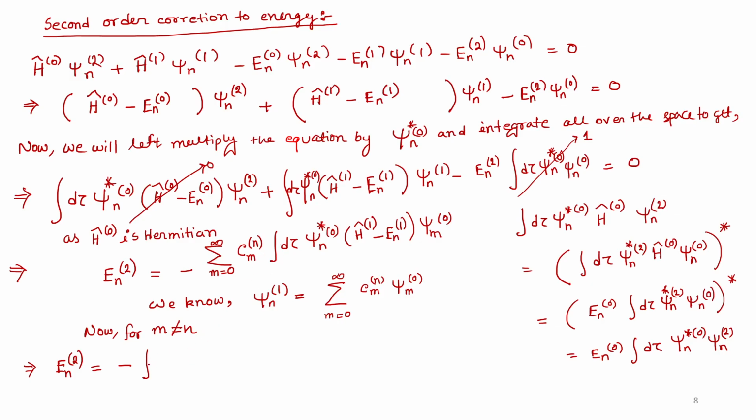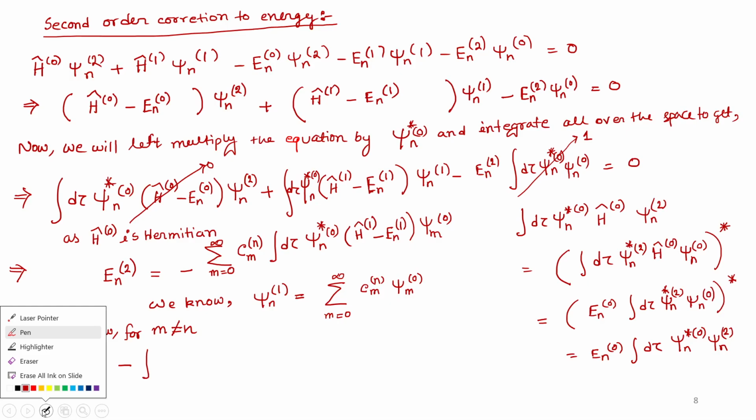So we do have c_mn. Okay, let me write. So m can go from 0 to infinity. So how should I write it?